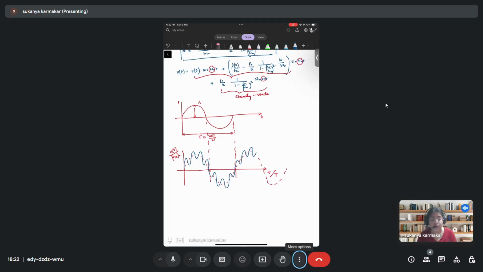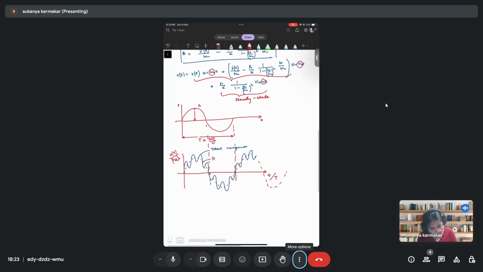Here it won't die out because we are considering an undamped case, which is purely an academic exercise. So this blue one is the total response, and this dotted line is the steady state response.